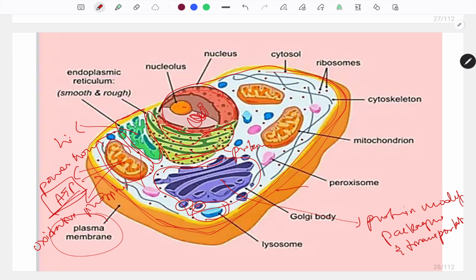And these are lysosomes. As I explained, it is the suicidal bag of the cell. It is mainly made up of hydrolytic enzymes. It is involved in destroying foreign materials and waste products.